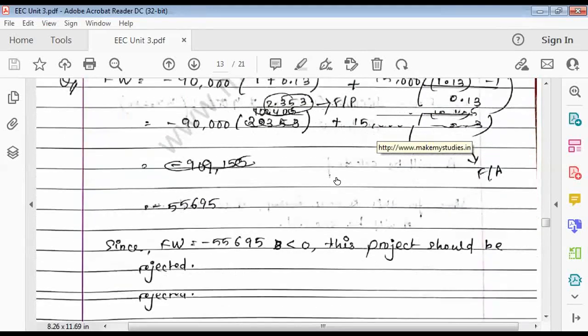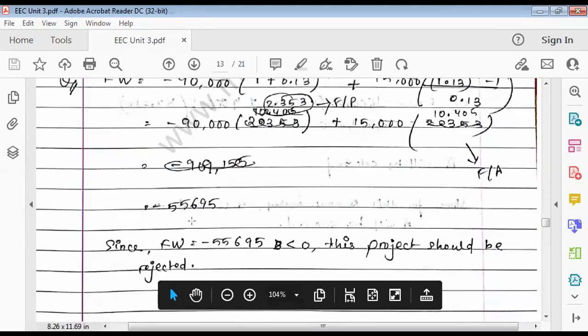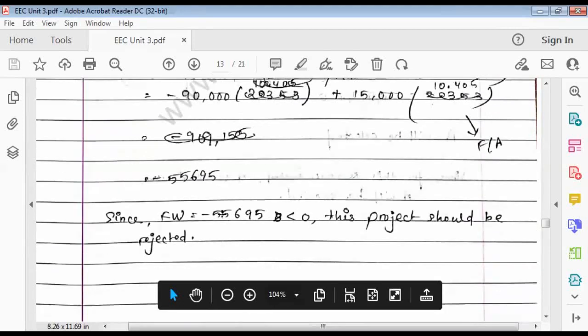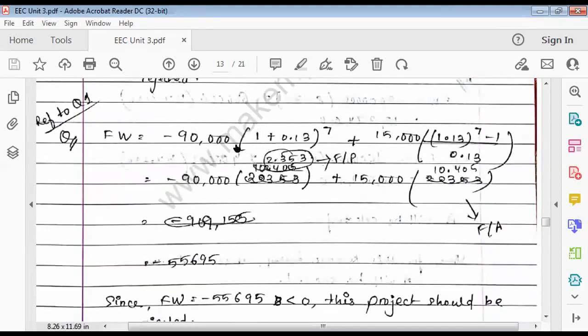Look at the value, minus 55,695. I don't guarantee that this answer is correct. Maybe there is a mistake while calculating, but yes, the formulas have been put correctly.